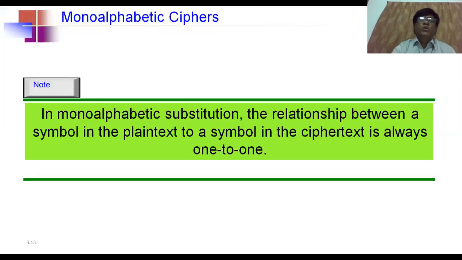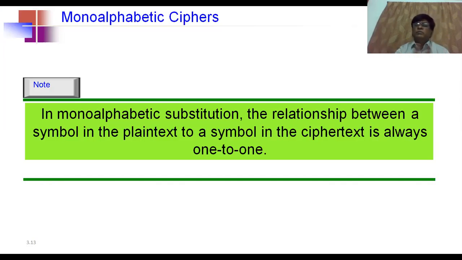So come to the monoalphabetic ciphers. What is a monoalphabetic cipher? In the monoalphabetic substitution, the relationship between the symbol in the plain text and the symbol in the cipher text is always one-to-one.